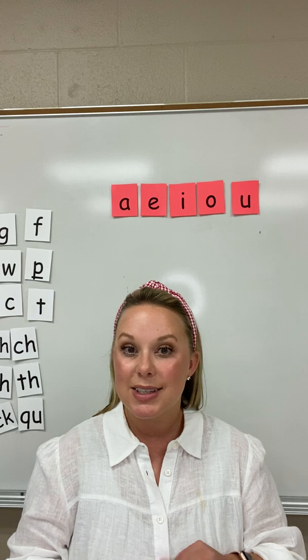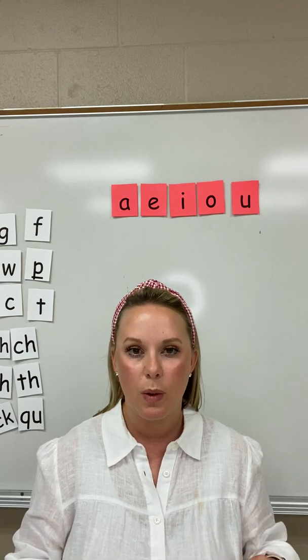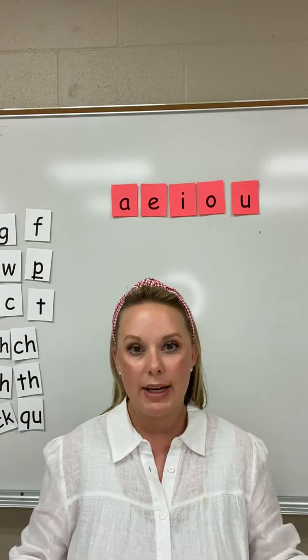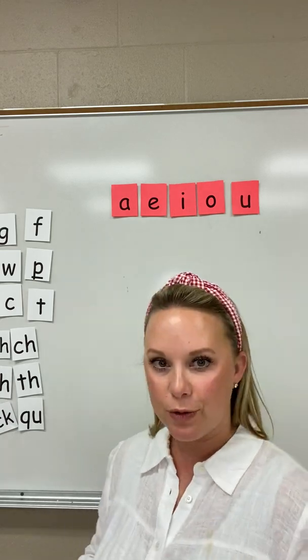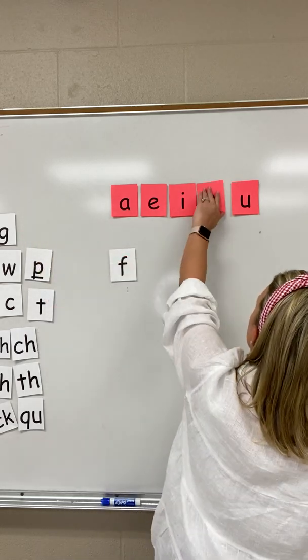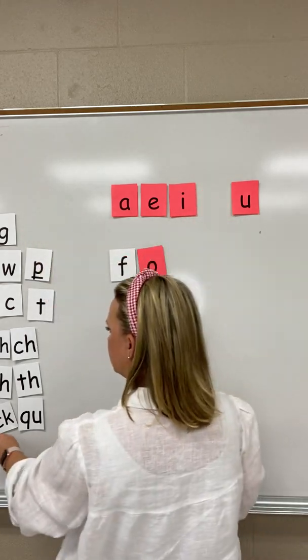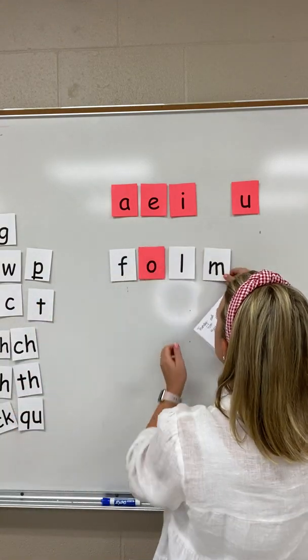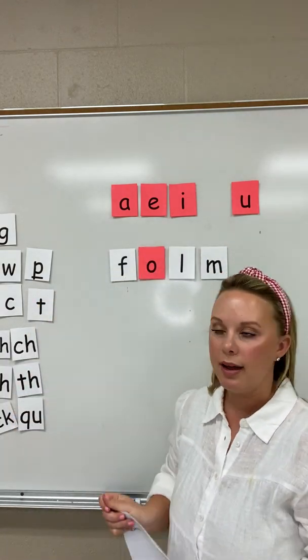We are going to practice first with reading nonsense words. So I will build a word and we will practice learning how to read it together. Here's your first word. Take a look at that word.